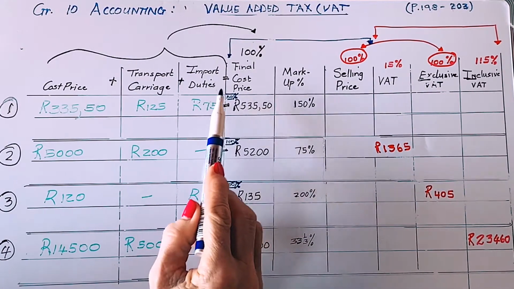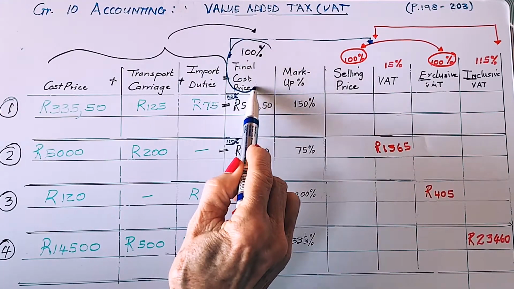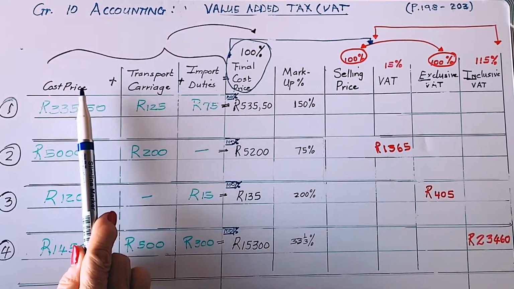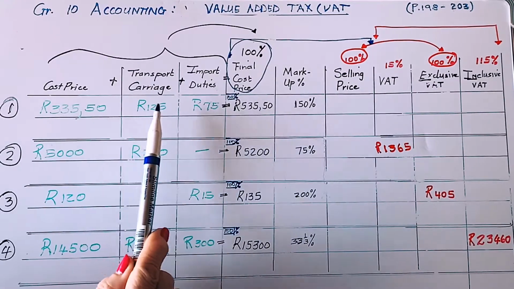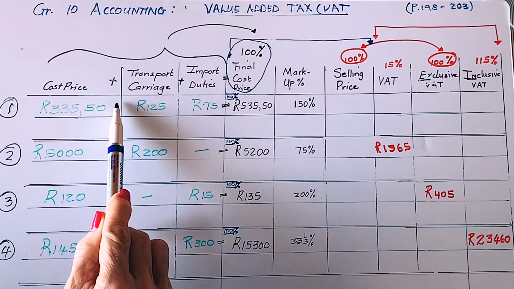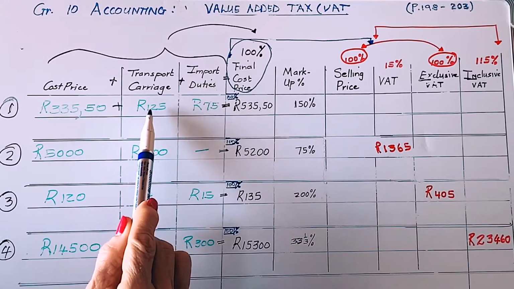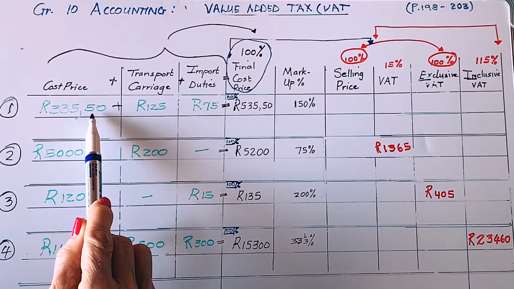First of all, a reminder that our final cost price is always the cost price where I started with the original price I paid for the product, plus any other expenses I incurred like transport or carriage, which I add to that cost price.